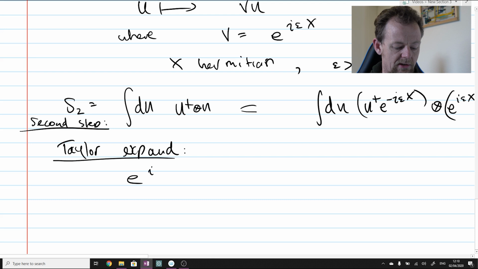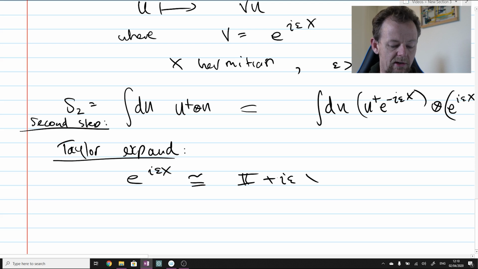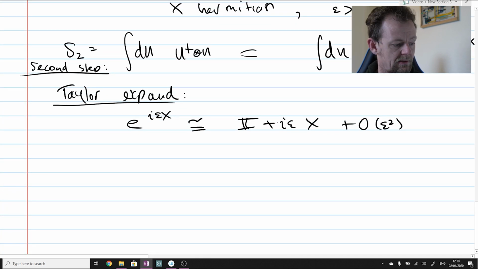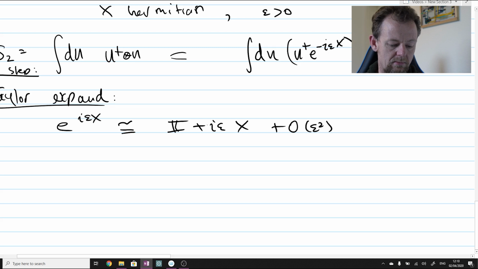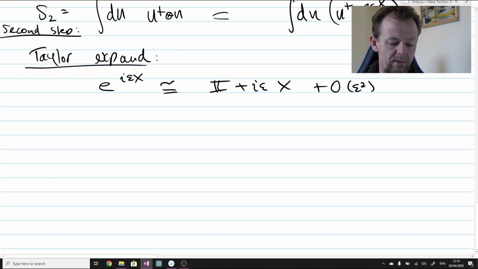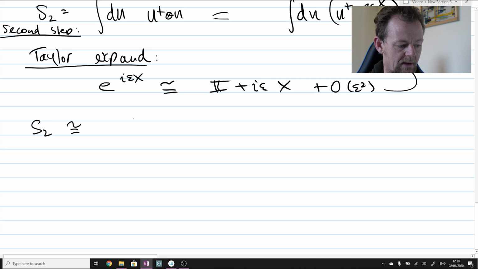So we know that e to the i epsilon x, to first order, is the identity plus i epsilon x, plus of course this higher order stuff which we're going to neglect for this video. We're going to employ this approximation and expand the integrand to first order. So if we put this approximation via Taylor's theorem into the integrand, then we have the following Taylor series.